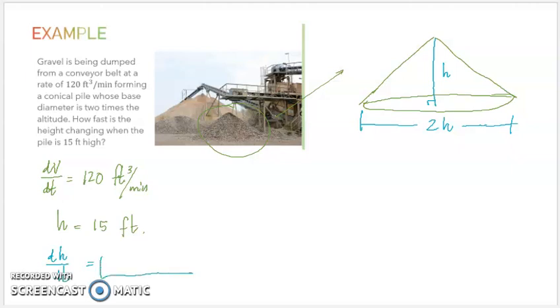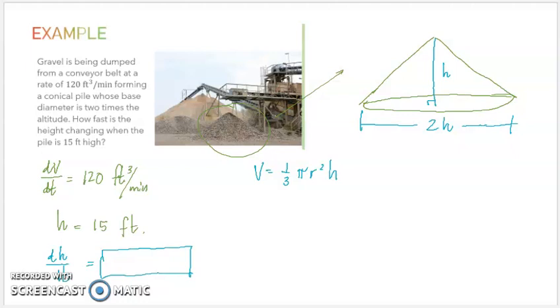So what formula are we going to use? What will relate the volume with the height? Okay, so the volume of a cone is equal to 1/3 pi r squared h. As we can see, we don't have any radius here, but we can actually relate the radius to the diameter, right?